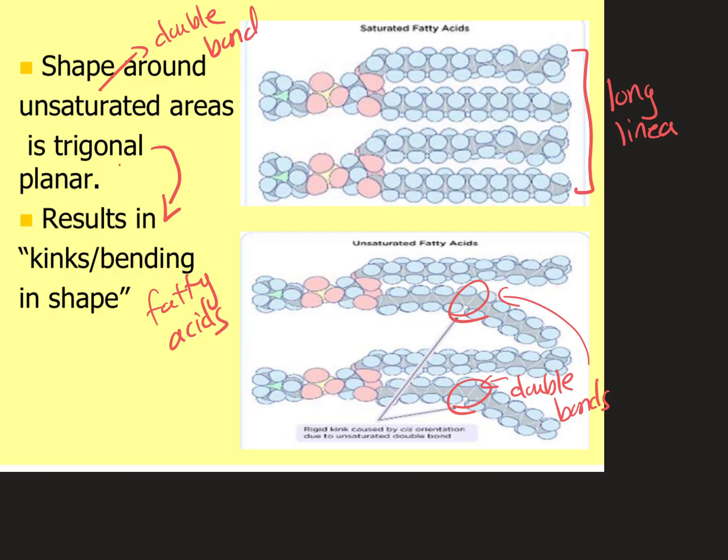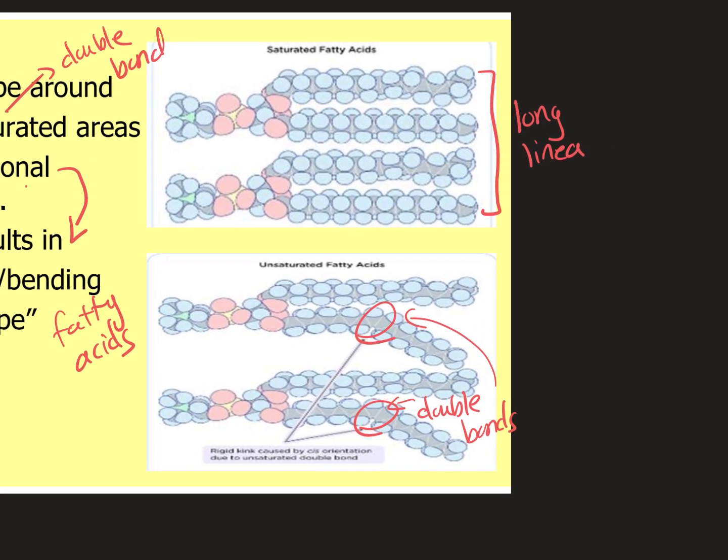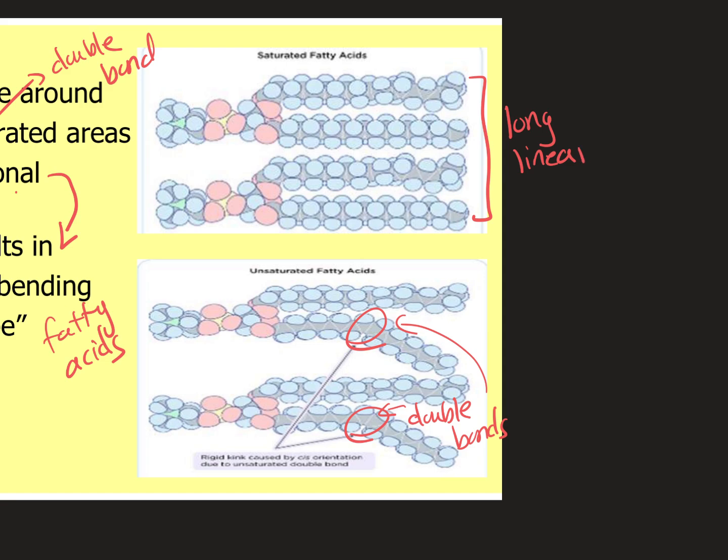So this means that in these long linear ones, you have lots of intermolecular forces. Because of these kinks, they tend to be less closely packed.